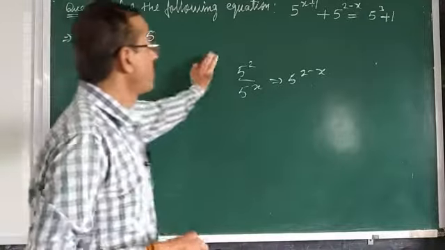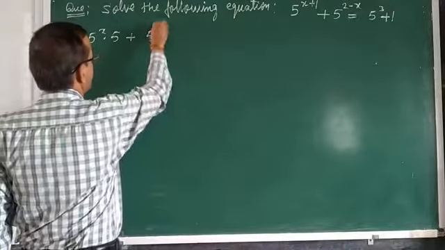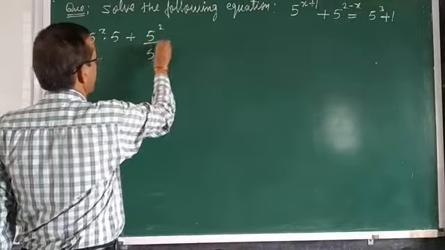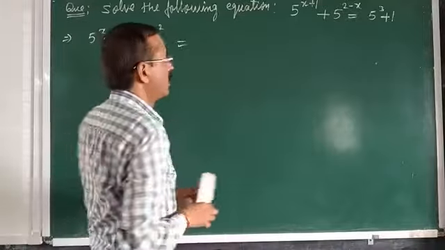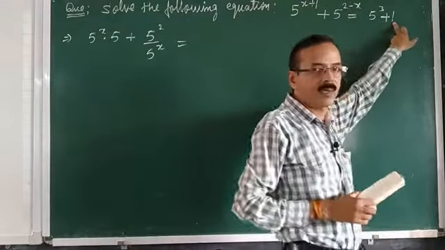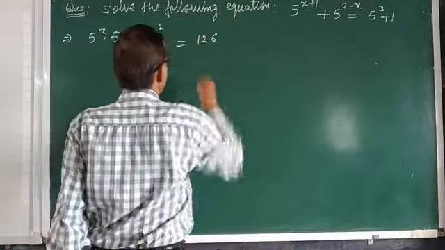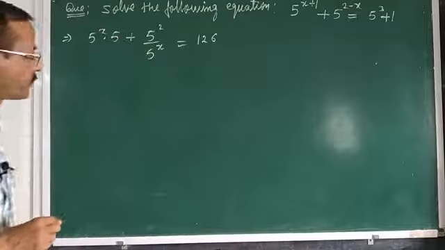So 5 power 2 minus x can be written as 5 squared upon 5 power x, equal to 5 cubed, that means 125 plus 1, 126.